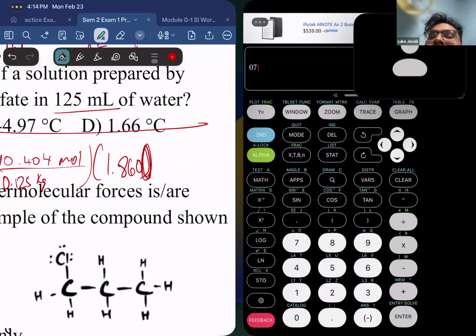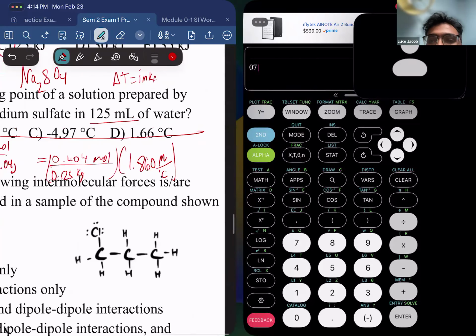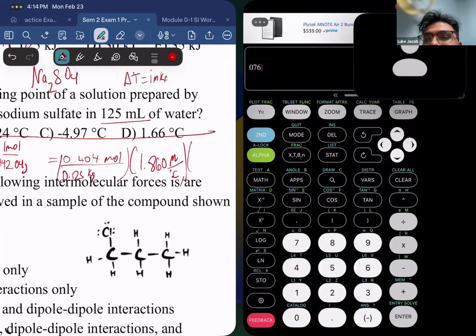So KF is typically in molality over Celsius, just so you know the units. And then this is going to have a Van Hoff factor of 3. When we put all this into the calculator, we see 0.404 divided by 0.125.